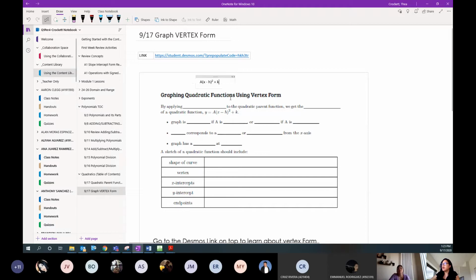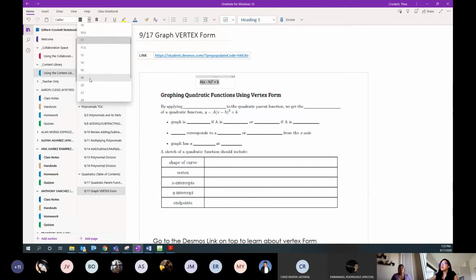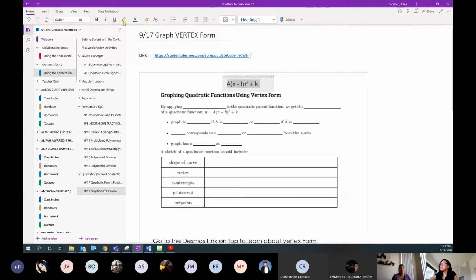Okay, so I copied the form earlier, and then I'm just gonna make it bigger so that this is the hero of this page. All right, so pay attention to A, and A is the number on the left side of the parentheses. Pay attention to the minus H. And pay attention to K.